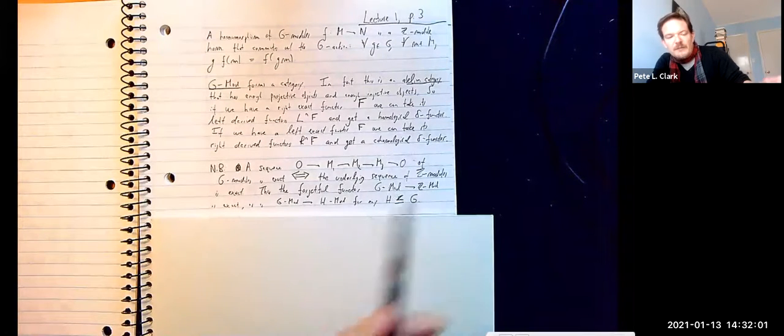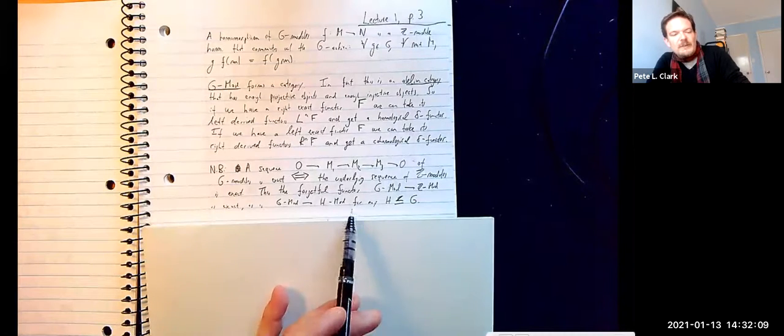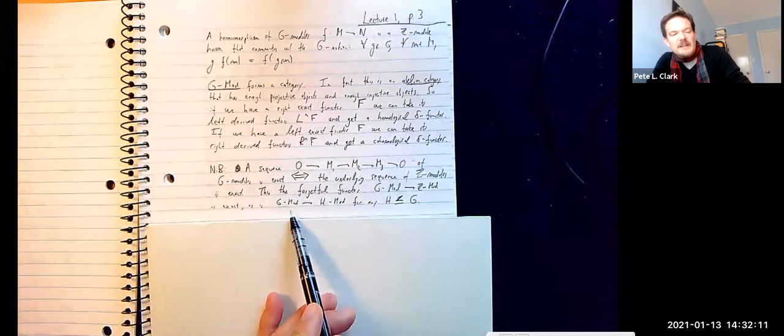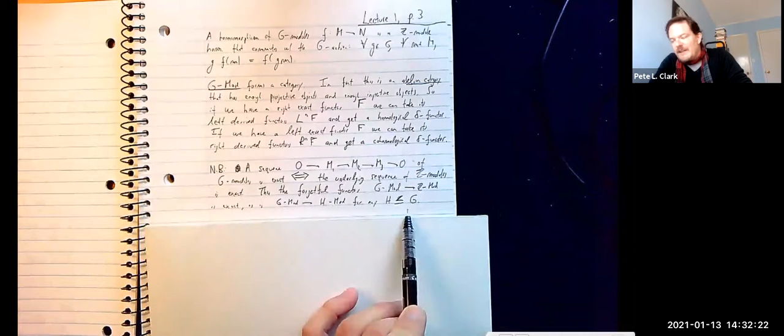All right. A fancy way of saying this is that there's an evident forgetful functor from the category of G modules to Z modules, where you literally just forget the G action. And what I just said is that that forgetful functor is exact. Similarly, if you took a subgroup H of G, then you could forget that you have G module structure and remember only that you have H module structure, and that will still be an exact functor for any subgroup.